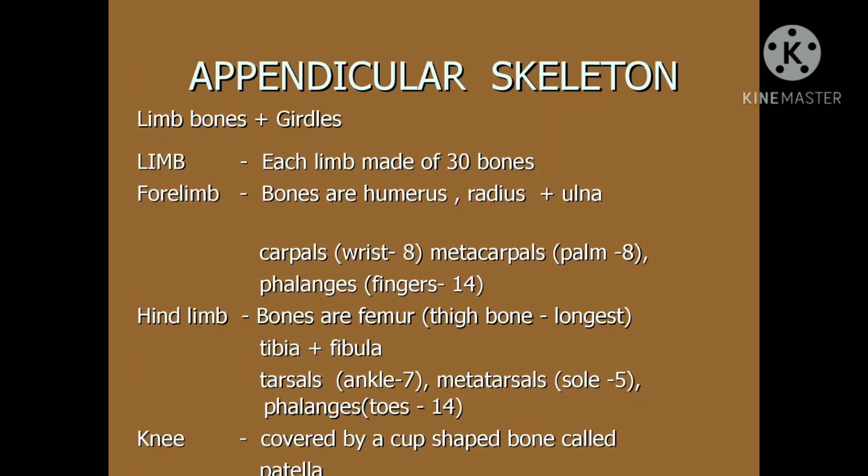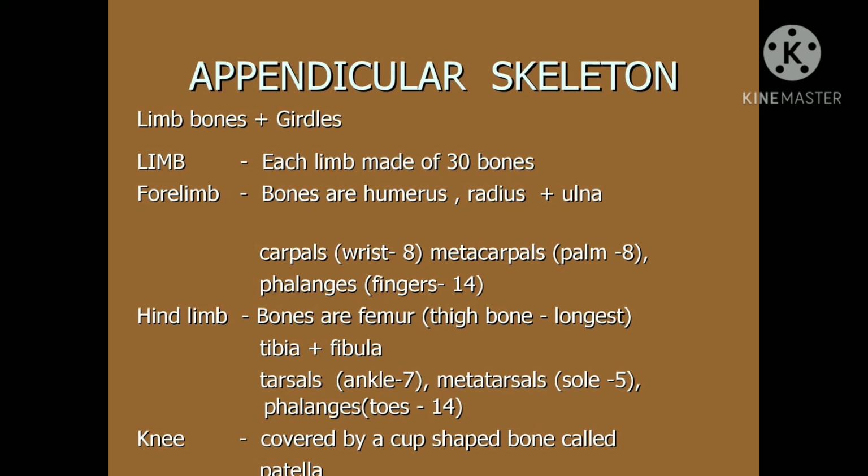Coming to the appendicular skeleton, the limb bones and the girdles come under this. Each limb is made up of 30 bones. The forelimb and hind limb each consist of different bones, and the knees are also covered by a cup-shaped bone called the patella.